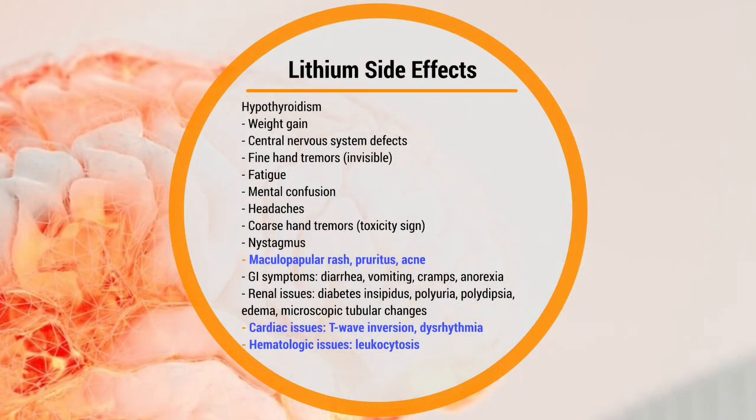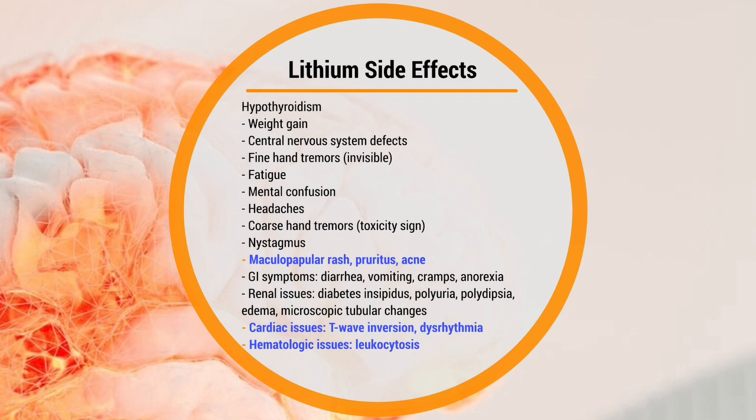They are fine hand tremors. That is a side effect. If they become coarse, it is no longer a side effect, but it is now a toxicity level. So if it's coarse, it's toxicity. Not fine.